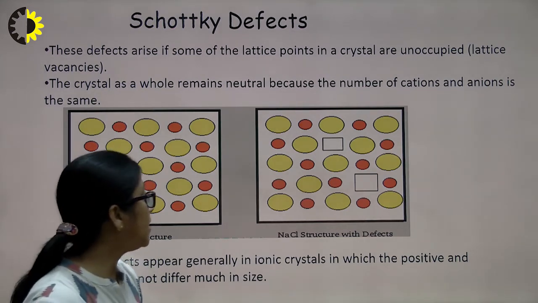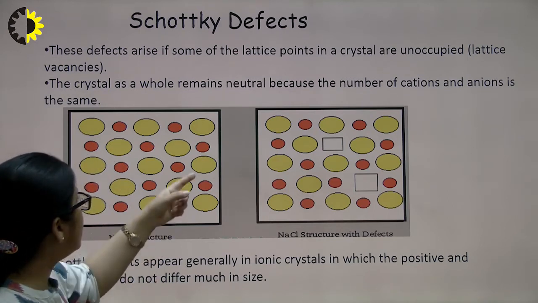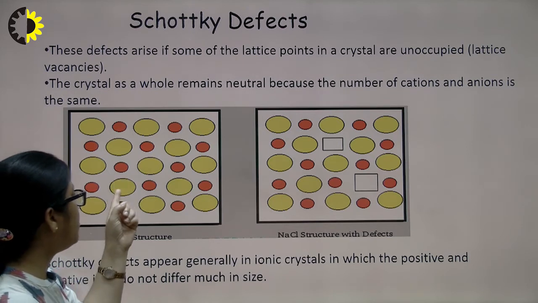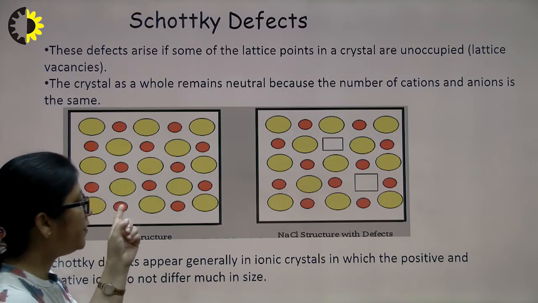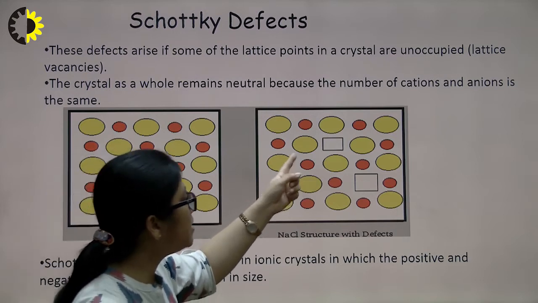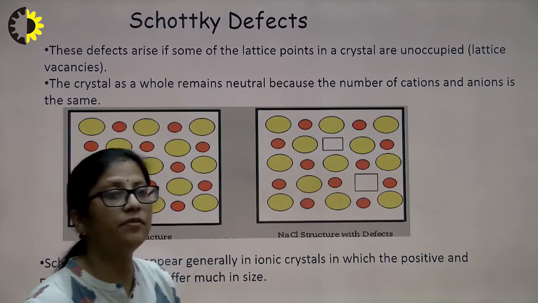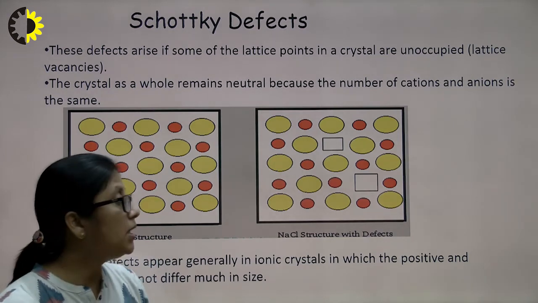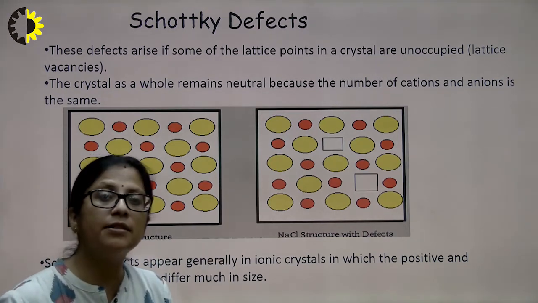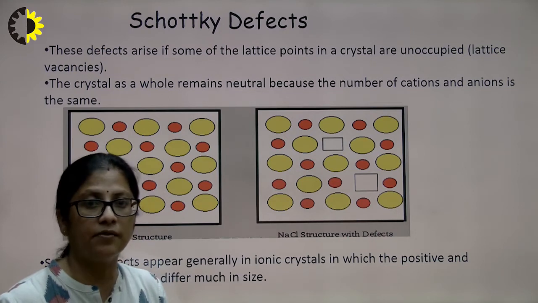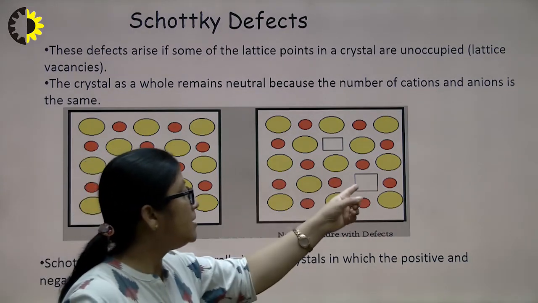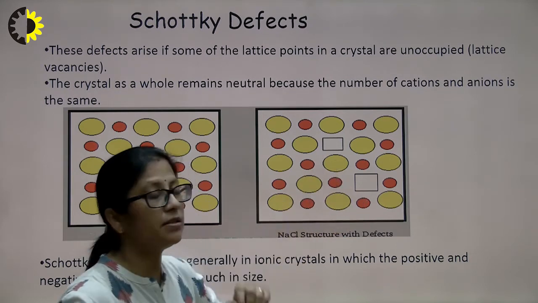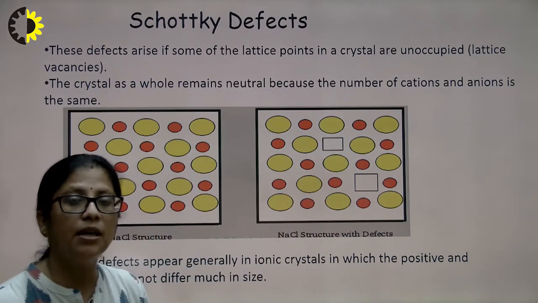Here I am showing the NaCl crystal, where these are the Na plus and Cl minus ions which are present in the first case, but here you can see that positive and negative ions are missing from the crystal lattice, and the number of missing positive ions is equal to the number of missing negative ions. Here one Cl minus is missing from the crystal lattice and one Na plus is missing from the crystal lattice.